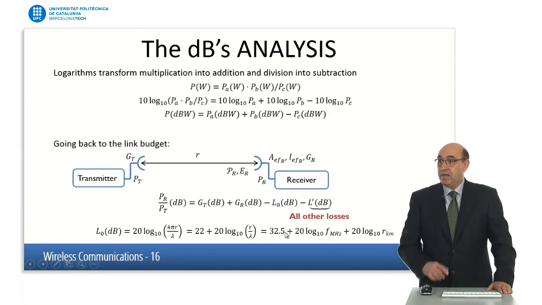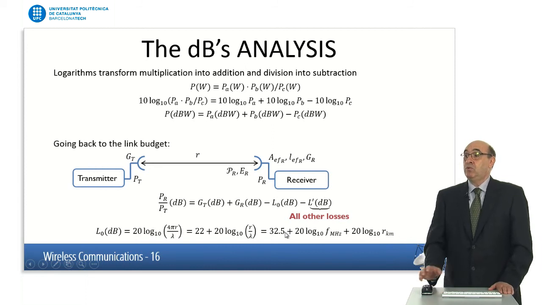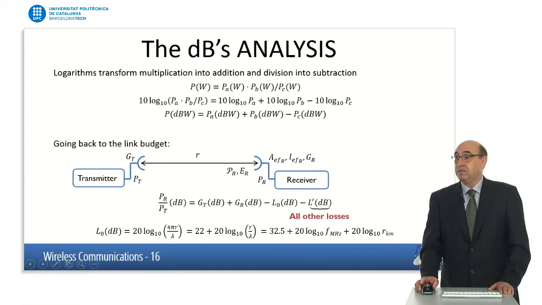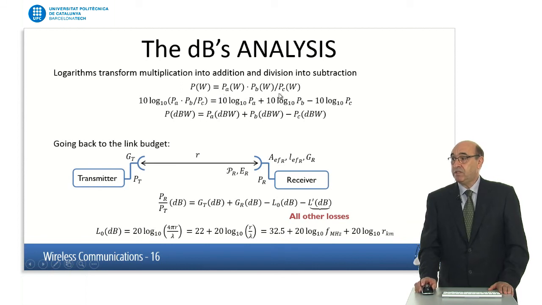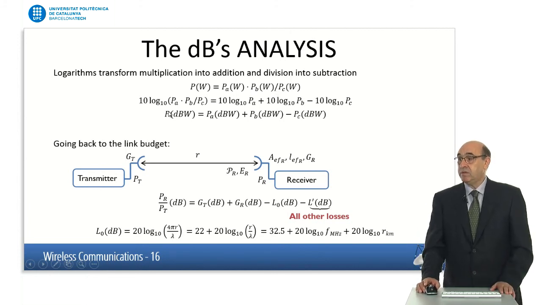Now, if we apply this to our link budget, then you have to remember this. We transform multiplications. Here you have the product of two powers divided by another one. The units will be power. We take the 10 log and we transform multiplications and divisions into addition and subtraction.